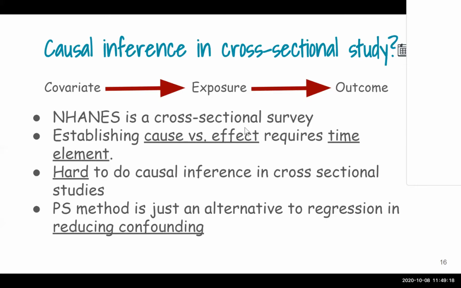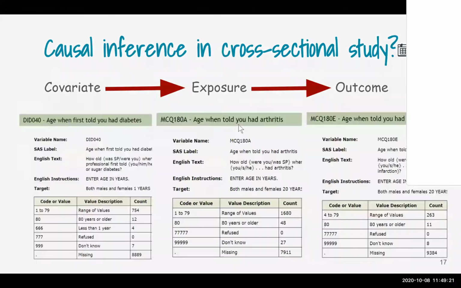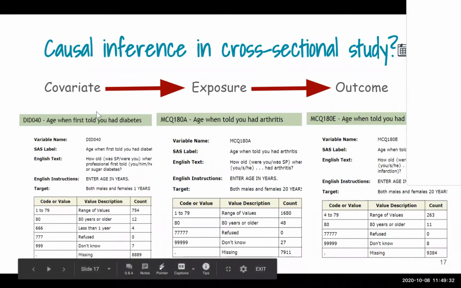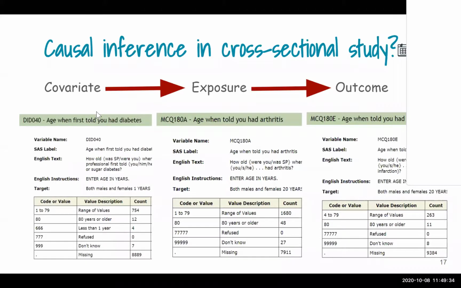But sometimes you might get a bit lucky, where you can get answers to questions like when the exposure was happening and when the outcome was happening, and then you might establish some temporality in your inference. But that still does not make the inference causal, because there are many other covariates that you are using, and it is not really clear whether those covariates happened before the exposure, after the outcome, or in between. So it is very hard to do causal inference from a cross-sectional study.